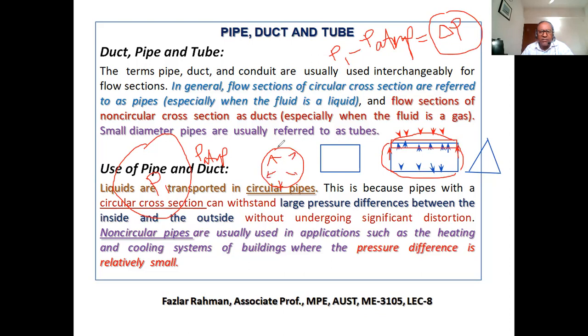But if it goes bigger, it will go like that, all the way uniformly. But in a rectangular section, due to the corners, your deformation at the corner and at the side will be different. So after deformation, the shape will be neither a circle nor a rectangle. Normally, that's why I don't use a rectangular cross section to carry high pressure fluid.